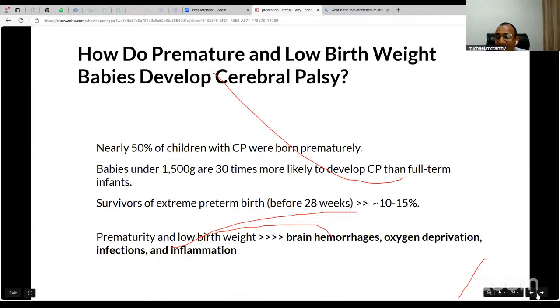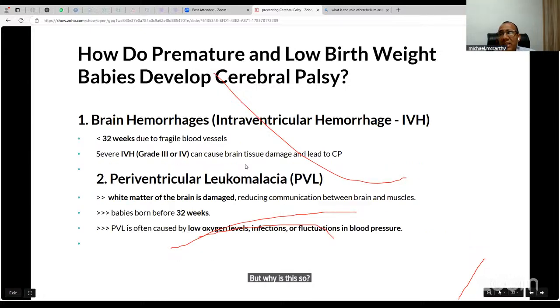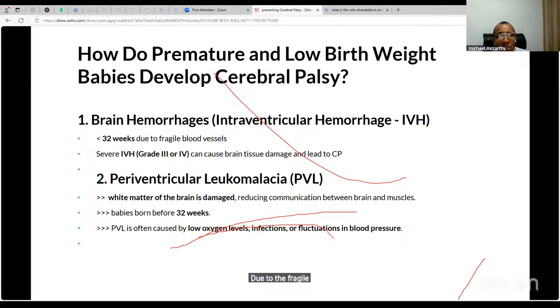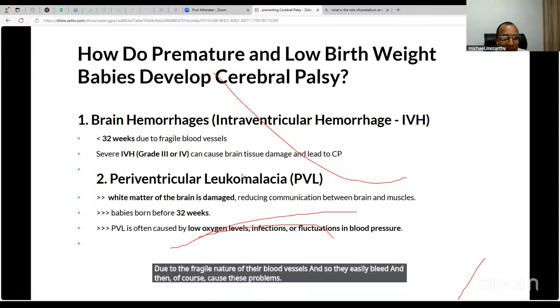But why is this so? It has to do with the pictures I showed earlier of the brain hemorrhages and the periventricular leukomalacia, which occur more with the premature and low birth weight babies due to the fragile nature of their blood vessels, and so they easily bleed and cause these problems.